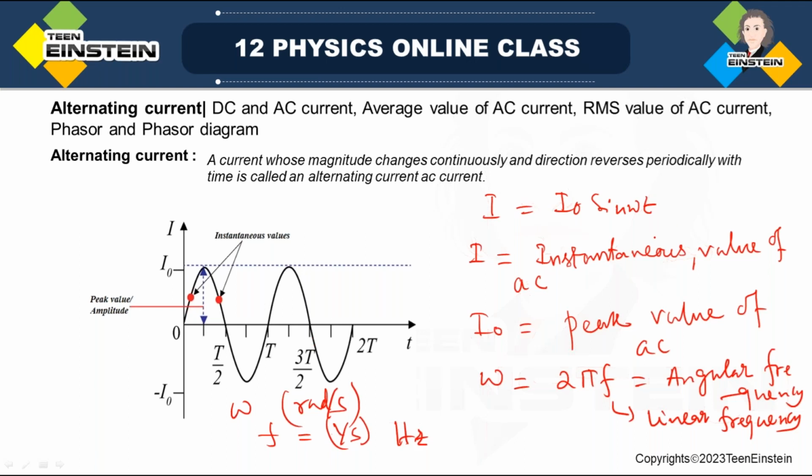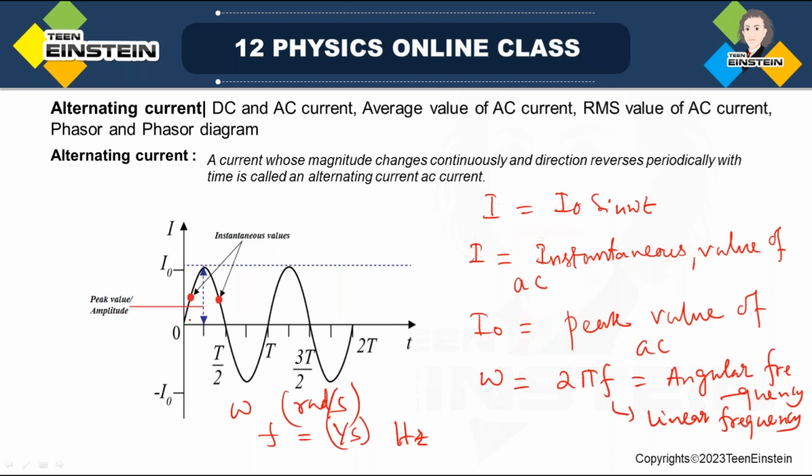All right. So we have learned what is I. I is the instantaneous value, which is a function of time, which changes at each instant. That means this gives the value of current at each instant, and I0 is the peak value or the maximum amplitude of the current.